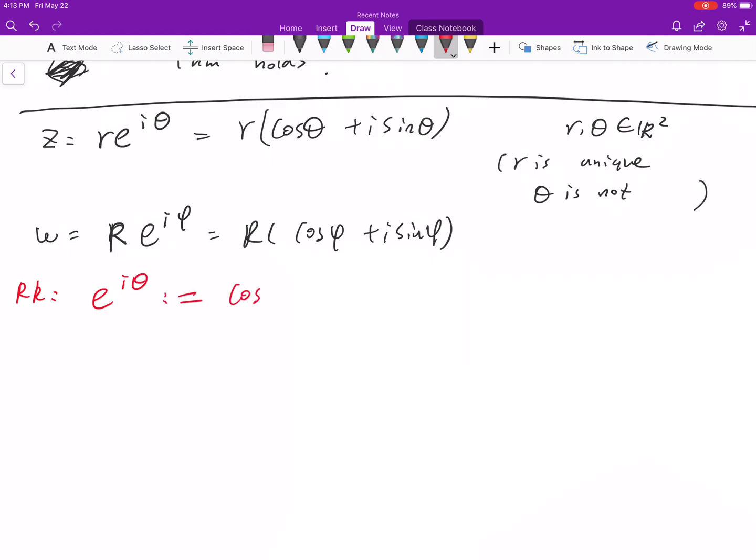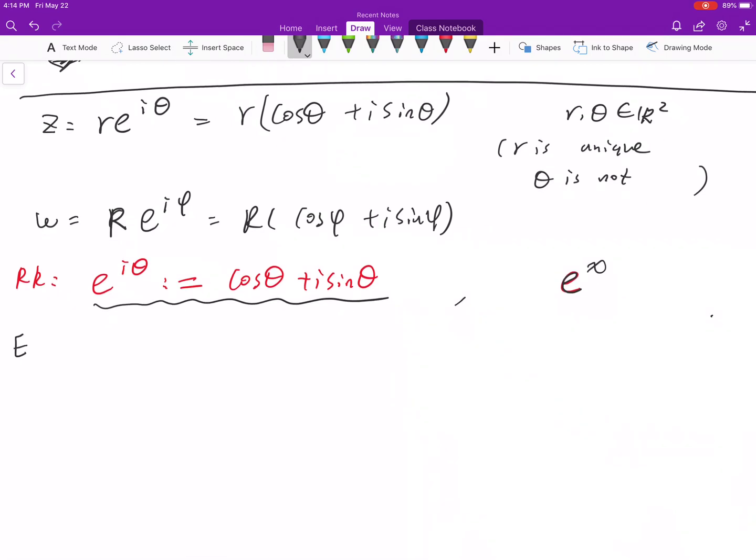I haven't told you how to define exponential i theta. Later on, we will give you the definition by power series. Then it's similar to exponential of x when x is a real number. For x a real number, we already know how to define it. But for this one, we only take it formally at this moment.